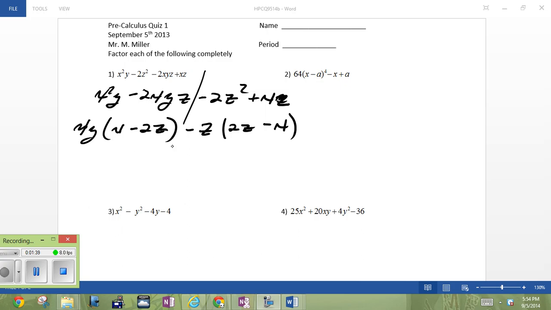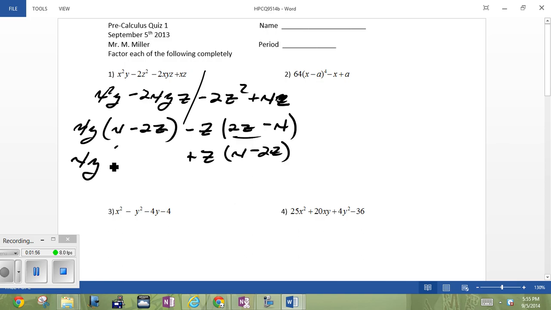Now I wish this grouping and this grouping were the same, and they can be. So that can be x minus 2z at the expense of pulling out a negative, making that plus z. So xy, x minus 2z. The common factor is x minus 2z, common to xy plus z.